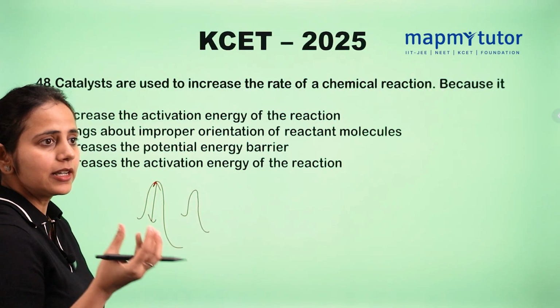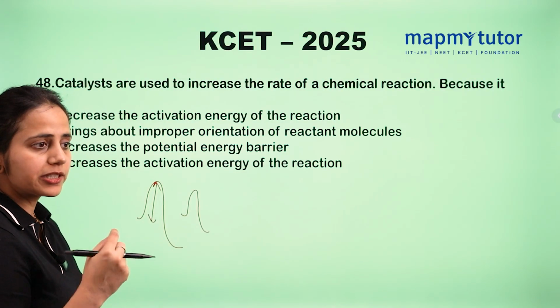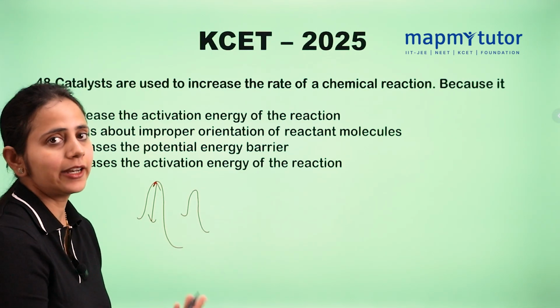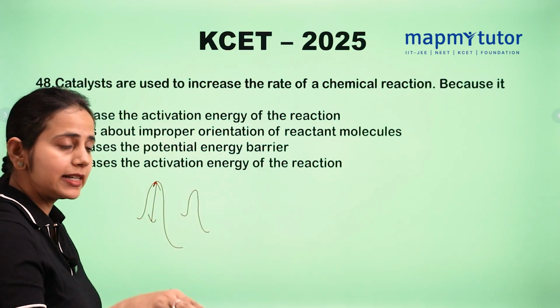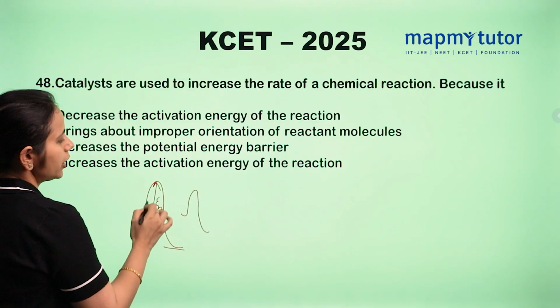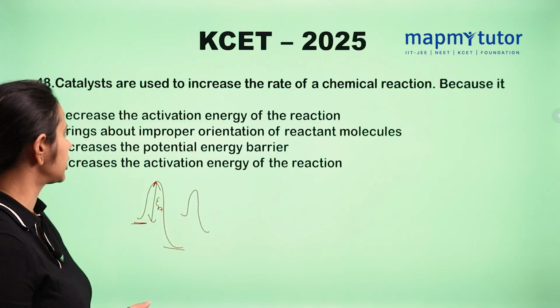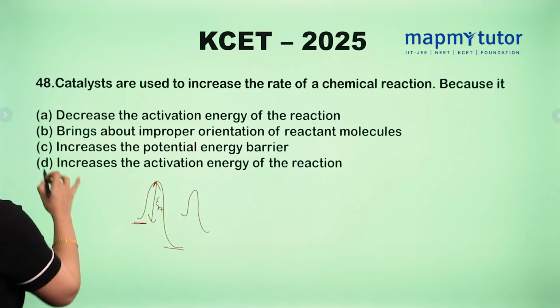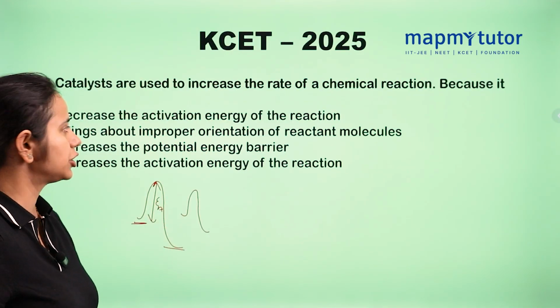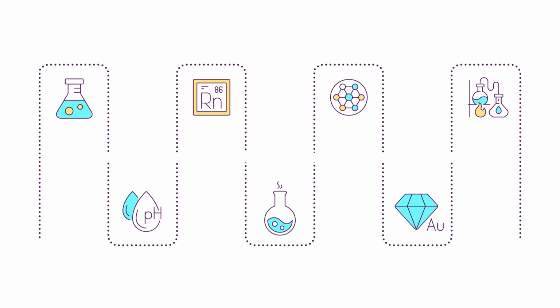See, catalyst is a substance which itself doesn't get involved in the reaction but increases the rate of a reaction by decreasing the activation energy of the reaction. So, this is the right answer. We need not move further. This is for sure the right answer, that it decreases the activation energy of the reaction.